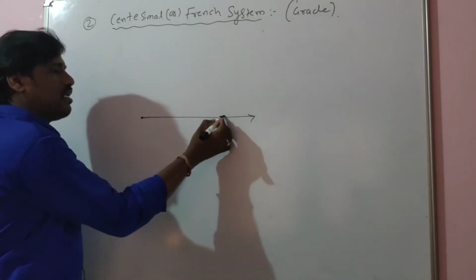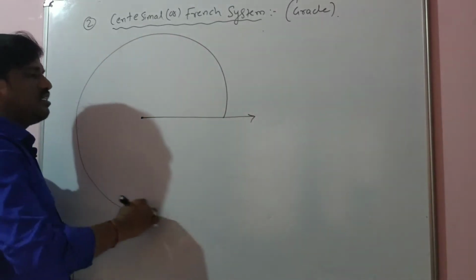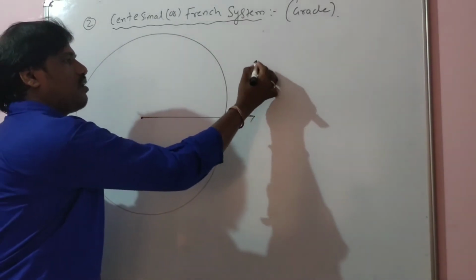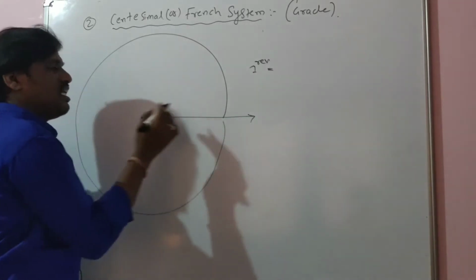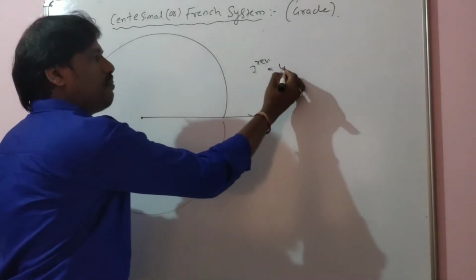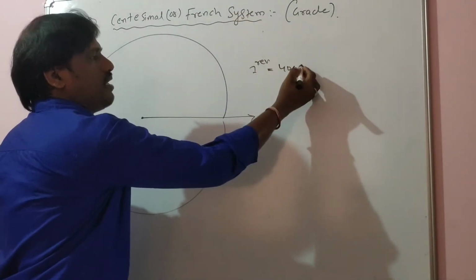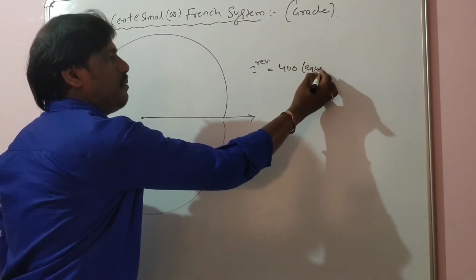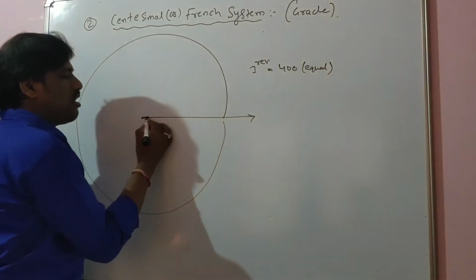If this rotation is one complete rotation, that is one revolution, it is divided into 400 equal parts. Each part is called a grade.